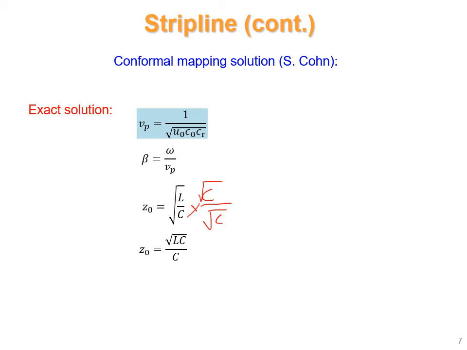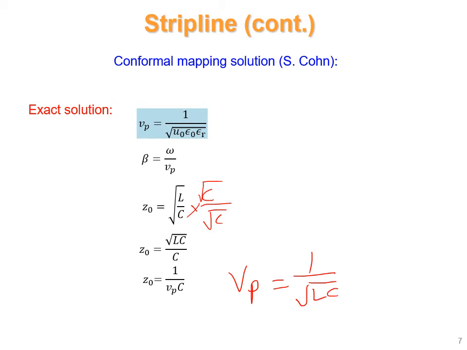But calculation of the capacitance per unit length of a transmission line is not an easy task, it is a very difficult task. Similarly, we know that Vp is equal to 1 upon under root of LC.